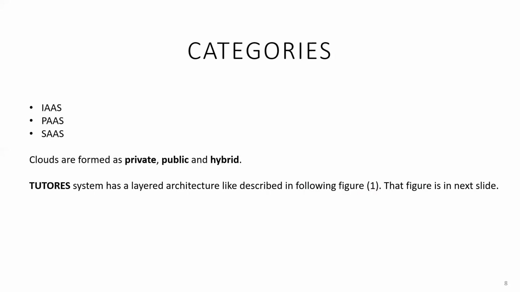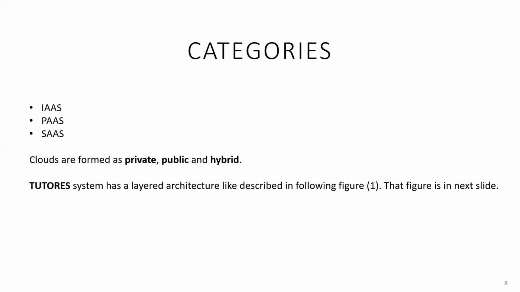We have main categories of cloud technologies like IaaS, PaaS, and SaaS. What are these? IaaS stands for infrastructure as a service, and it is a form of cloud computing that gives virtualized computing assets across the web. IaaS is one of the classifications of cloud computing administrations. Now we have PaaS. What is PaaS?